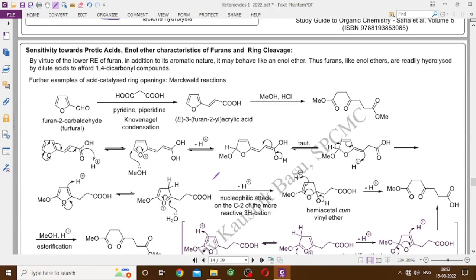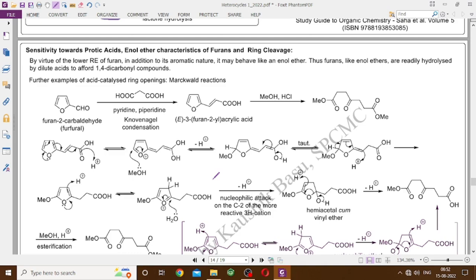Further examples of acid catalyzed ring opening. This is known as the Marckwald reaction. This time again our starting material is furan-2-carbaldehyde. Because it is an aromatic aldehyde, it can undergo reactions that are characteristic of such reactants, say for example a Knoevenagel condensation.